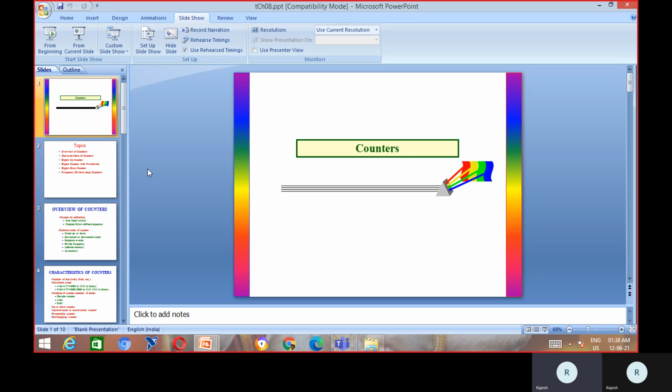Okay, in the topic subsystem design, we are going to study about our subsystem counter.